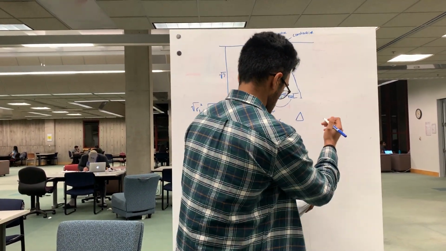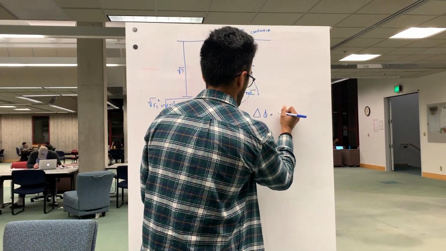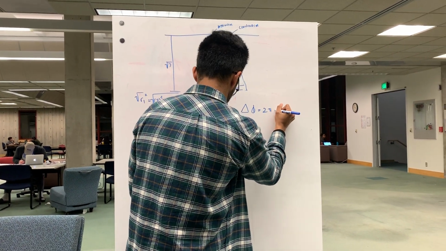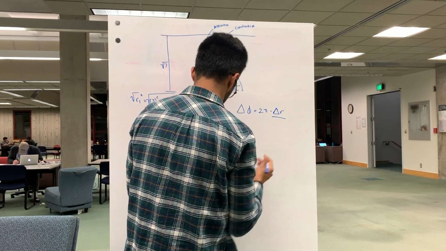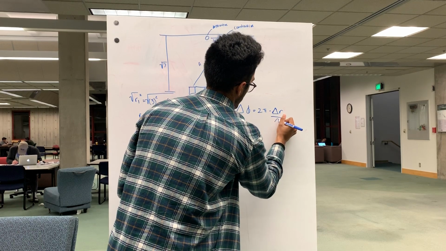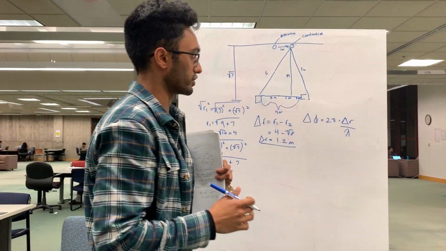This right here is going to be phase is equal to 2 pi times change in R over the wavelength. So that's one equation.